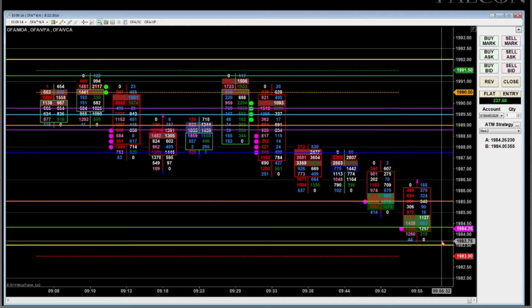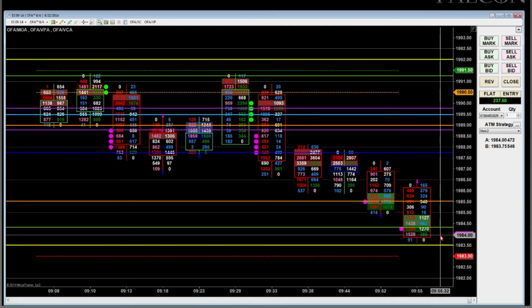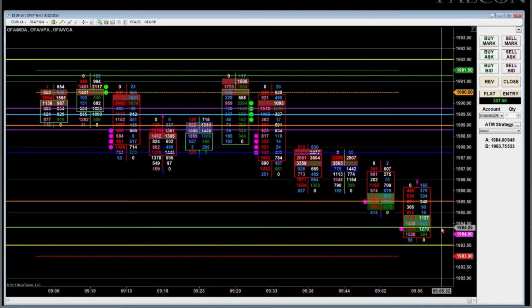And this is still another opportunity for a long, right off of yesterday's lows. But here's IB at 84.25. We're through IB. We have a little bit of a low volume area at 83.75. Building out some volume.